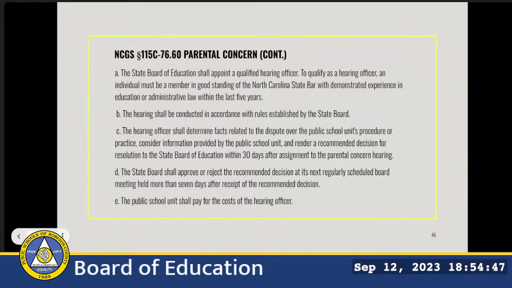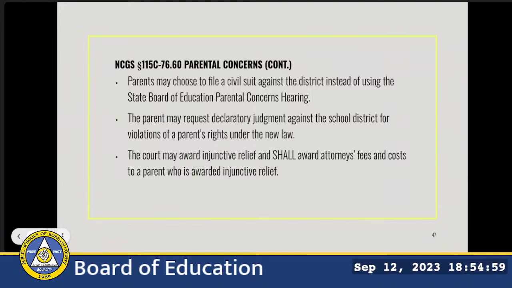Now, the State Board of Education said, we don't have any jurisdiction over what goes on in local school systems to tell them what to do on a lot of the stuff that might be the subject of this parental complaint. Parents also have the choice of just filing a lawsuit against the school system instead of going to the State Board. They can ask for a declaratory judgment, that is, we want the judge to just rule based on the information provided.